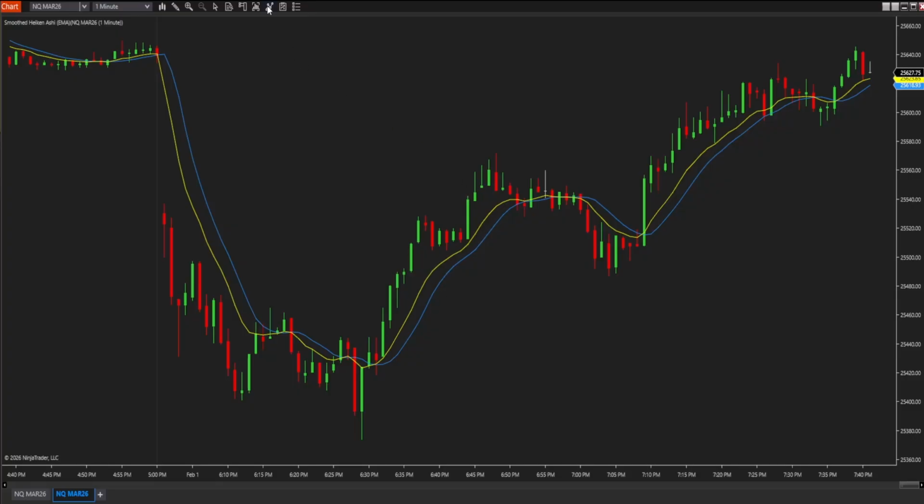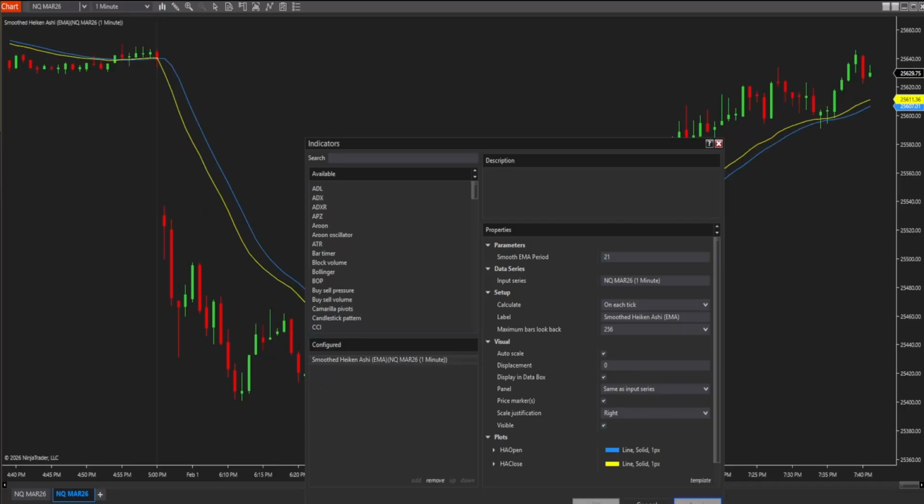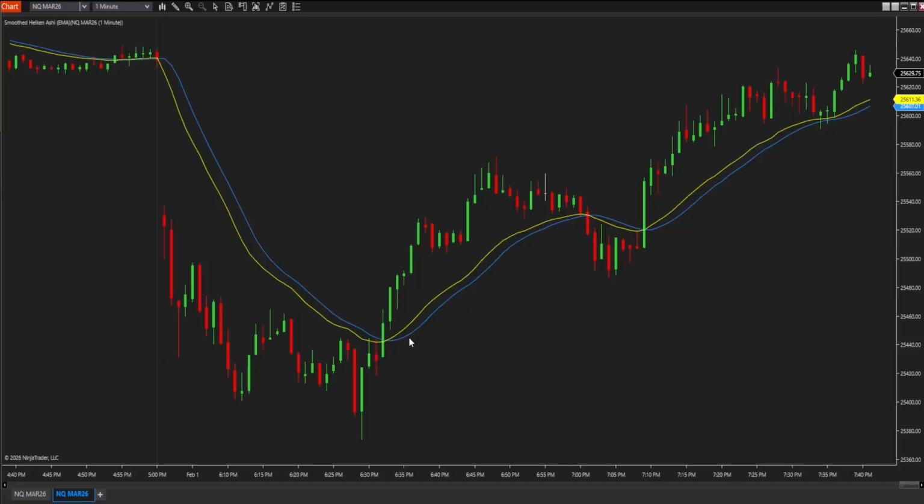Now, if you look at the preferences, when you download and install it, and you go to your indicators and search for smooth Heiken Ashi, you'll see that I have it set to a smooth EMA period of 9. Now you can change that. You can change this to a 21, and it will do it as a 21 period.